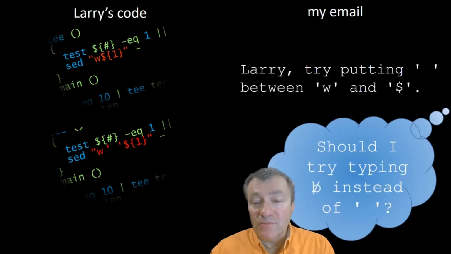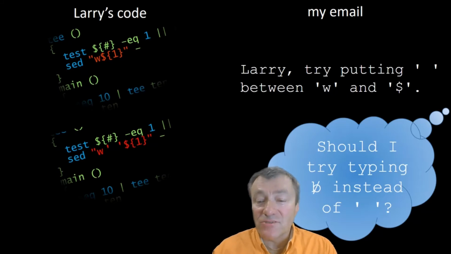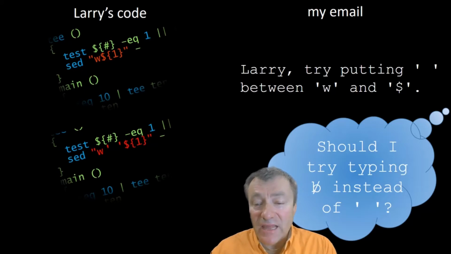So, I wondered to myself, how could I clarify my intentions in an email message? Maybe there's some other way I could try to specify a blank character. I remember seeing a B with a slash through it that was used for this purpose in some textbooks I've seen.